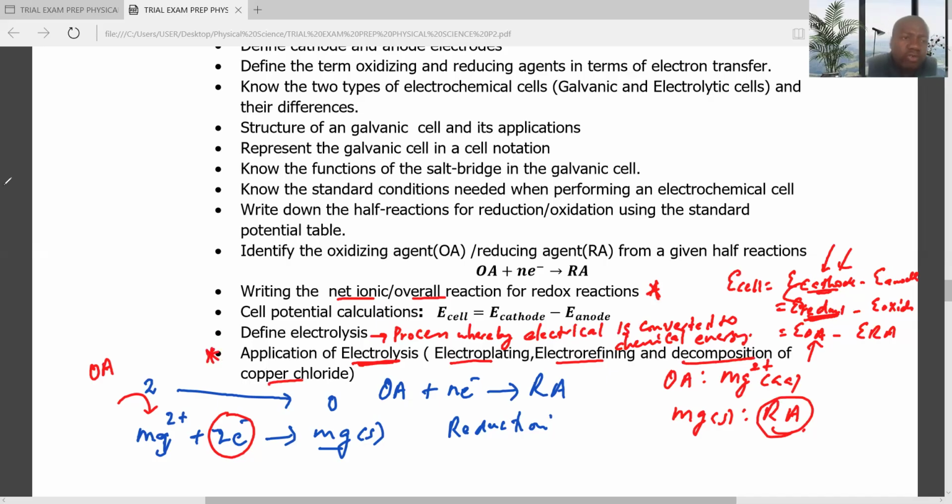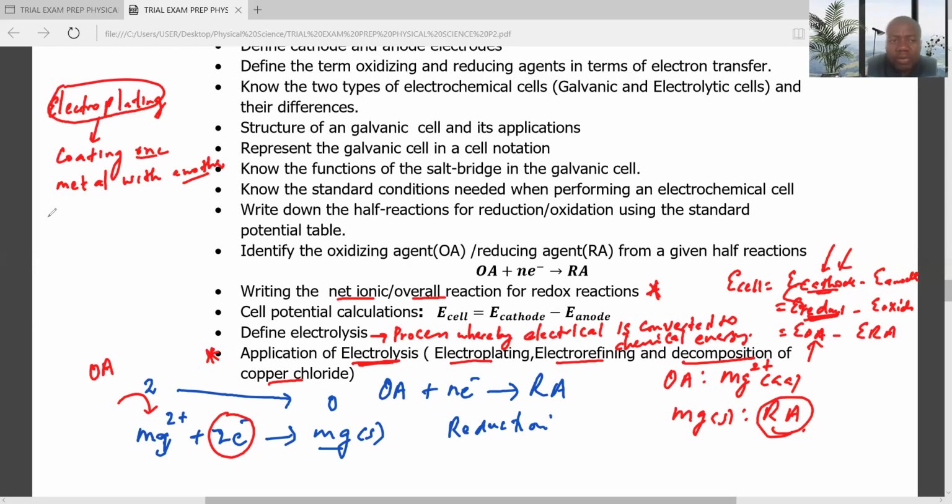And we know that electroplating is the process of coating one metal with another. So when we coat one metal with another, this is called electroplating.